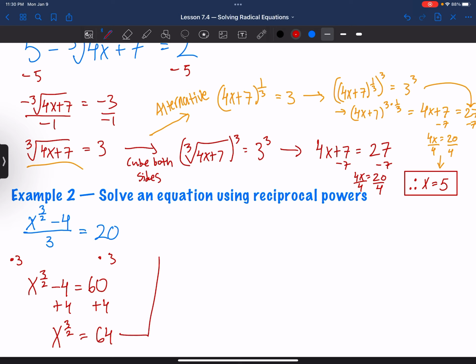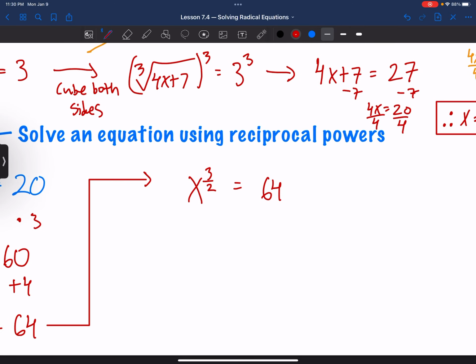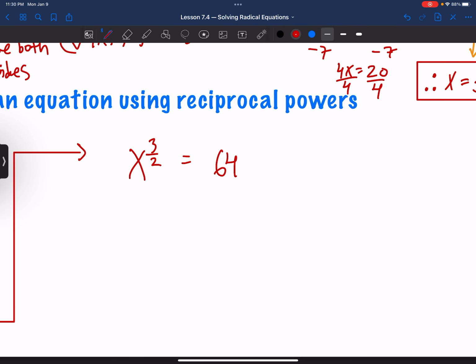So let's take this result. X to the 3/2 equals 64. The way I isolate x, the way I get rid of this power, is by raising to the reciprocal. And the reciprocal of 3/2 is 2/3. So over here, it's 2/3.